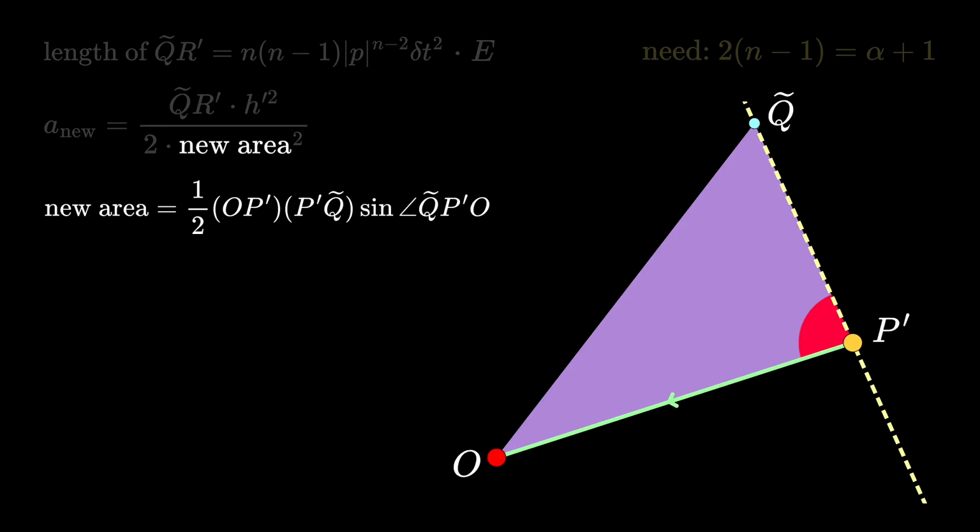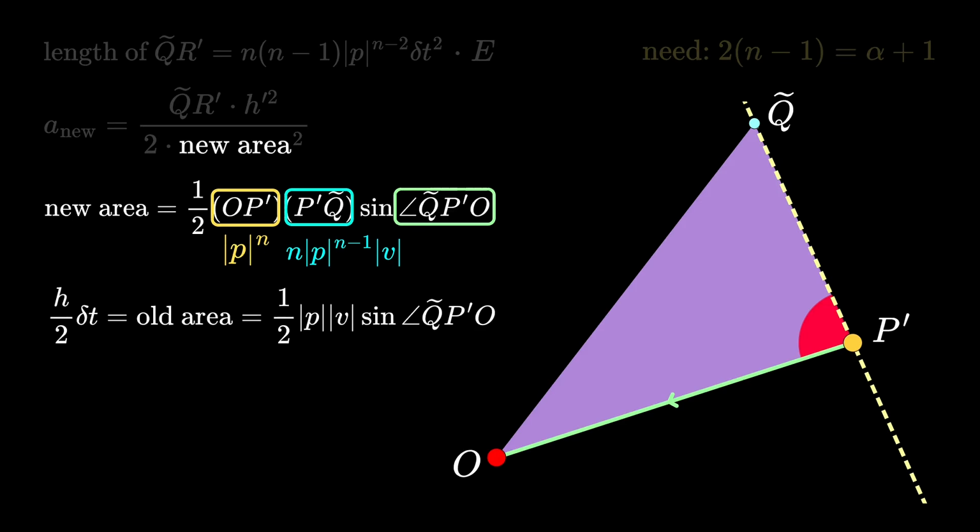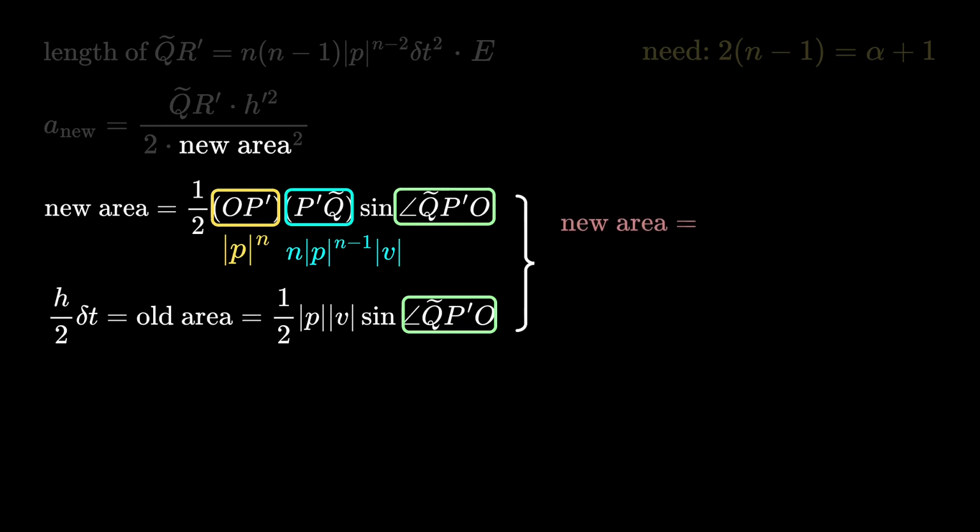Without the detailed explanations as before, the length OP prime is mod P to the n, and the length of P prime Q tilde is n times mod P to the n minus 1 times mod V. The angle doesn't matter too much, because similar to the squaring case in the original setup, the old area has the same angle anyway. The expression for the old area then helps us simplify the expression for the new area.